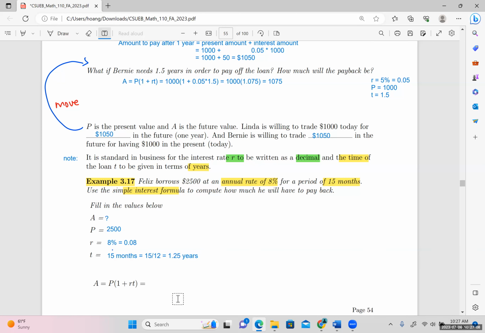Okay, now I just substitute everything in. So I have 2,500 times 1 plus the rate. It's 8%. Oh, wait, 0.08 because I want it in decimals. Times T, 1.25 in years. And you can use calculators to find it.